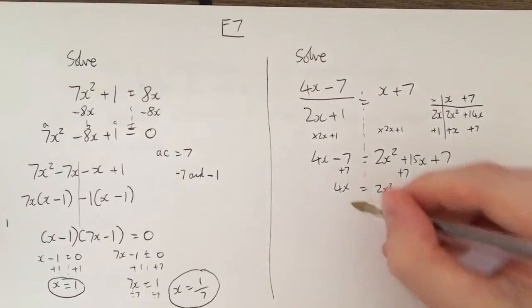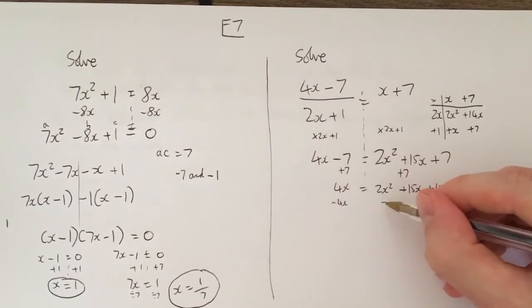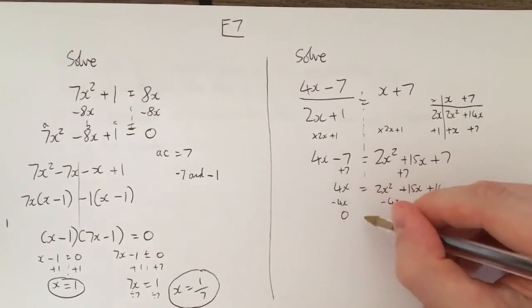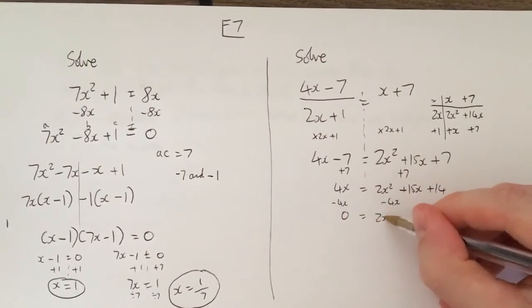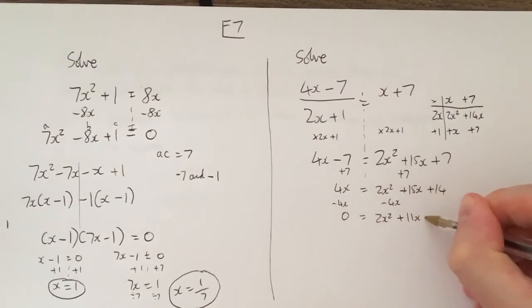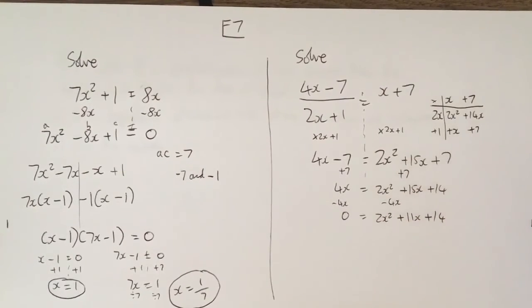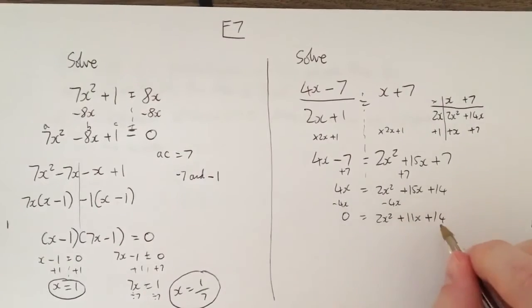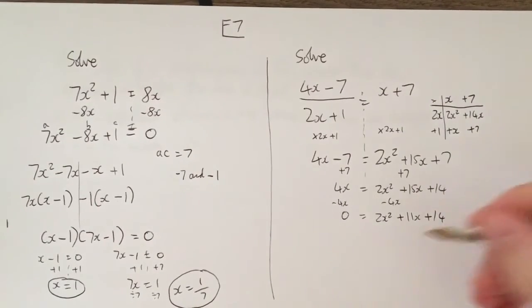And then I would minus 4x, so it'd be 0 equals 2x squared plus 11x plus 14. So now I've put it in a situation where I can solve it.